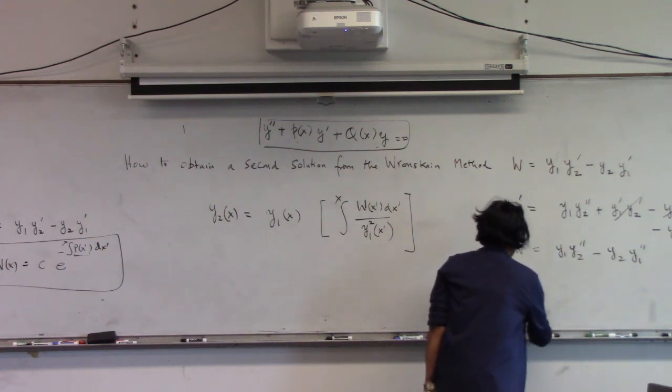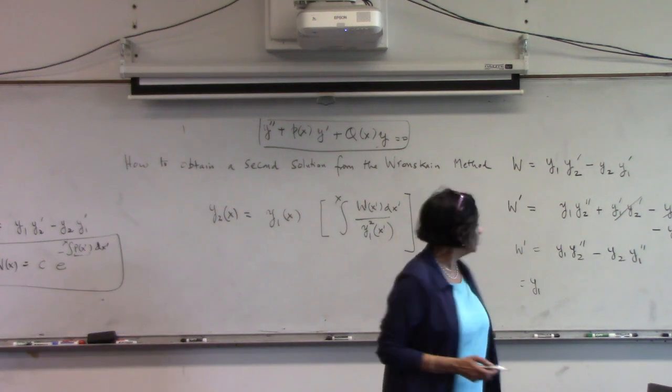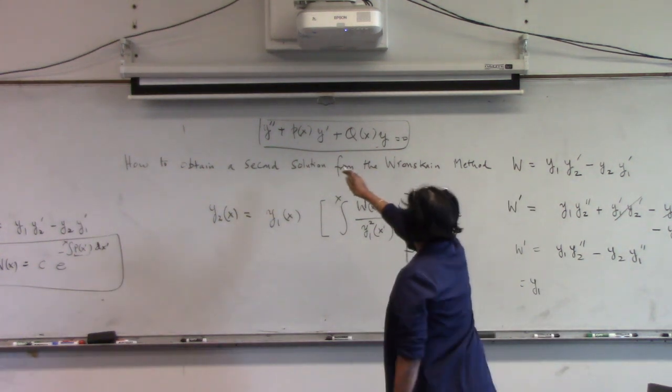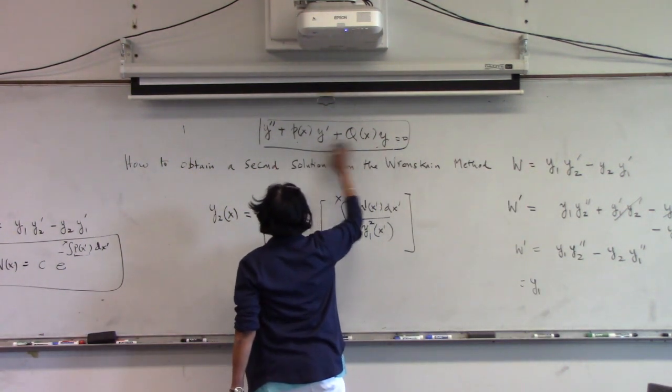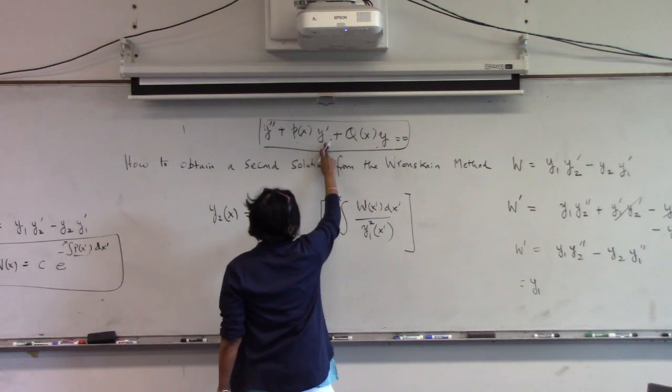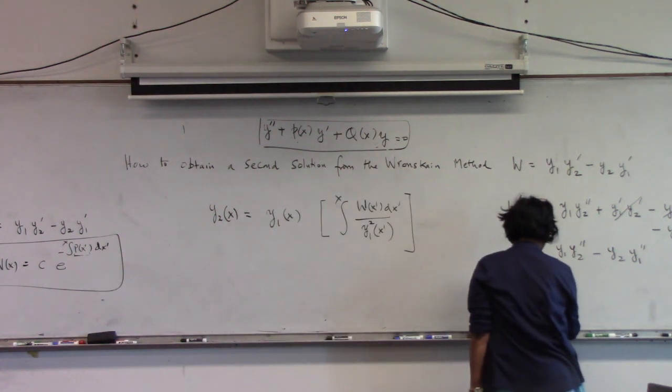Okay. Now, y2 is the second solution, right? So y2 should satisfy this differential equation: y2 double prime plus p(x) y2 prime plus q(x) y2 should be 0, because it's a solution of that differential equation.